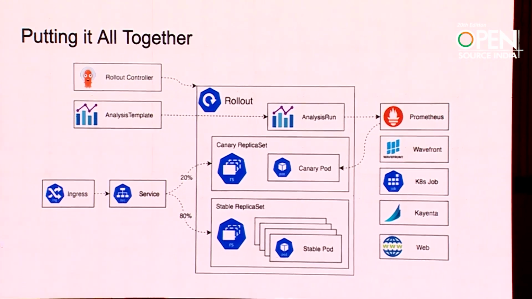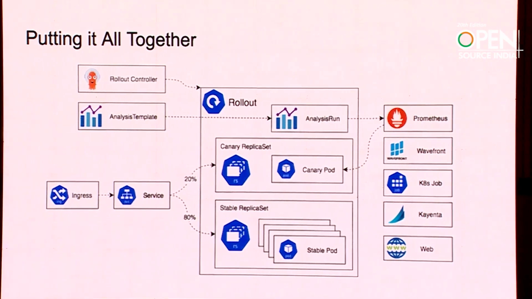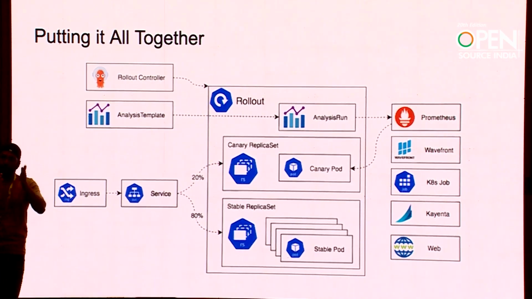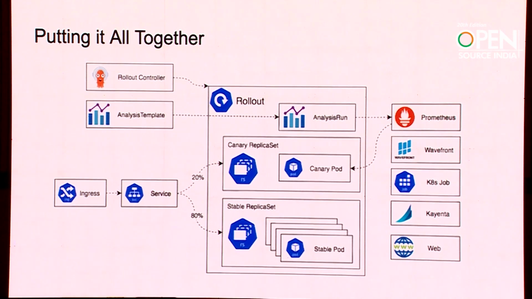In Istio, as I said, you can specify what percent of traffic will go to the new version and what percentage will go to the older version. But it's Argo Rollouts that allows for the automation that I talked about: at 1% traffic, check the success rate. If the success rate is greater than a certain threshold, you progress to 5%, then 10%, then 15%.